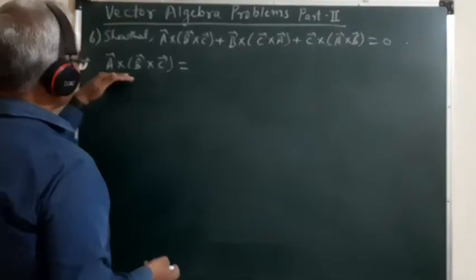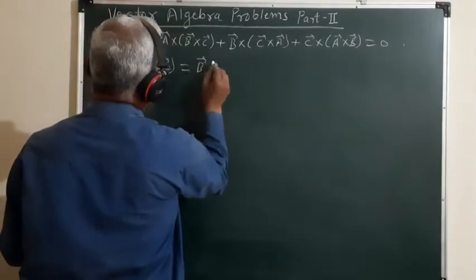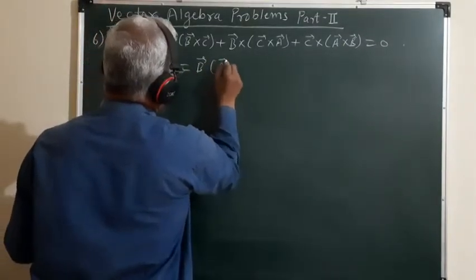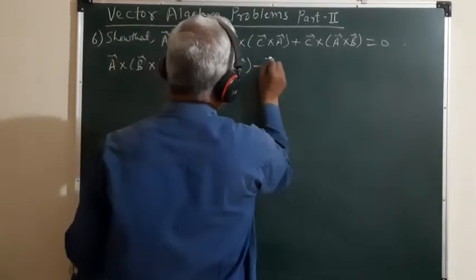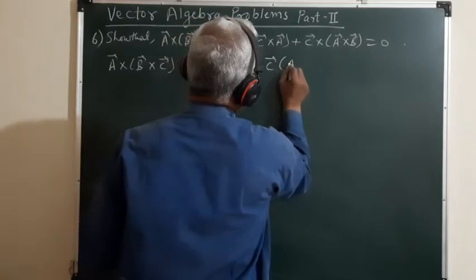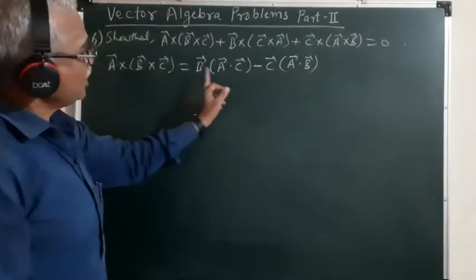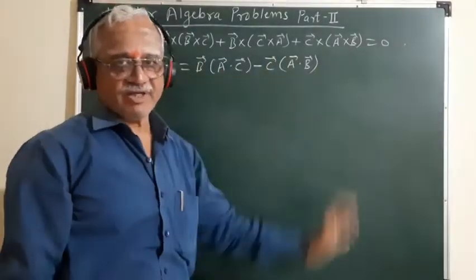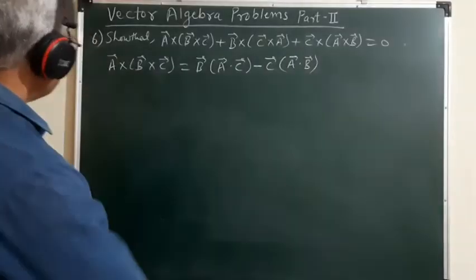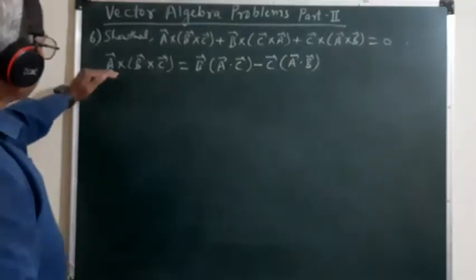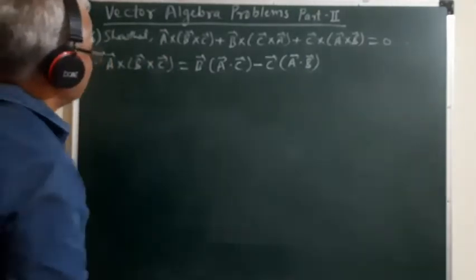So this vector triple product a bar cross b bar cross c bar is expressed as b bar into a bar dot c bar minus c bar into a bar dot b bar. BAC minus CAB, back-cab. So this is how we express the vector triple product of the vectors a bar, b bar and c bar when taken in this cyclic order, a bar cross b bar cross c bar.